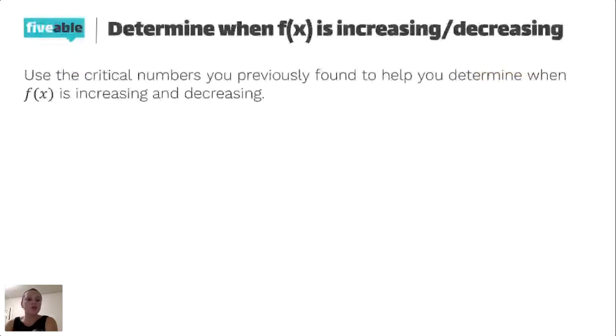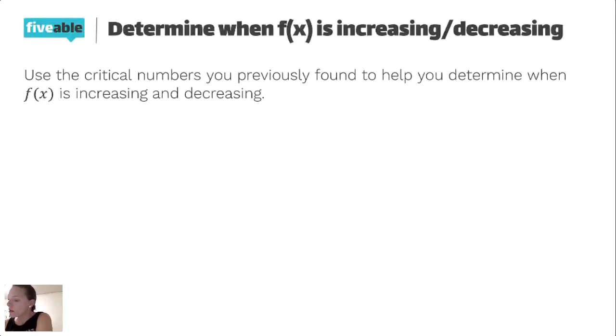Okay, using the same critical numbers we previously found and we've been using, I now want us to determine when f of x is increasing and decreasing. Now, in the previous example, we used a chart, which is one way to organize your information. I personally am a big number line fan, okay?